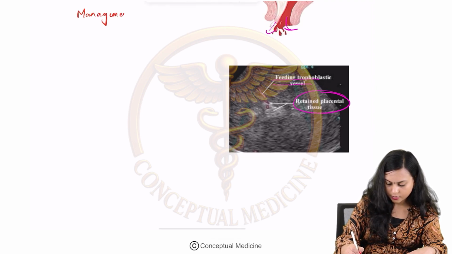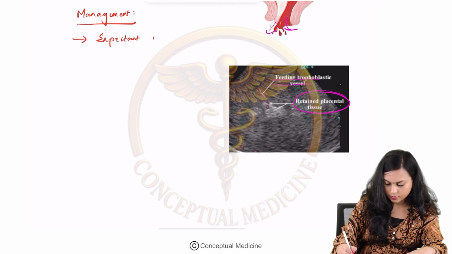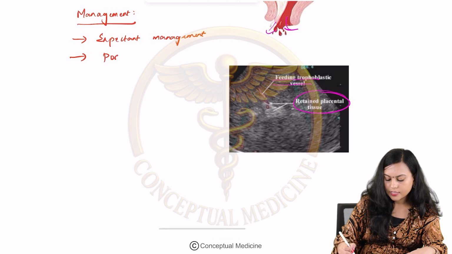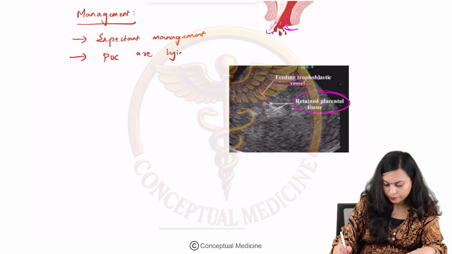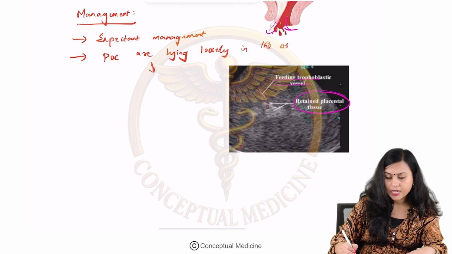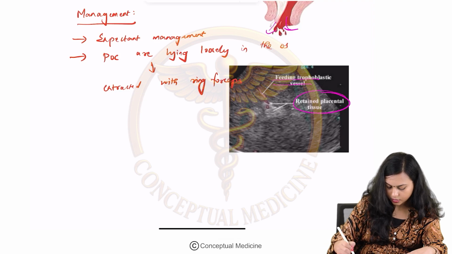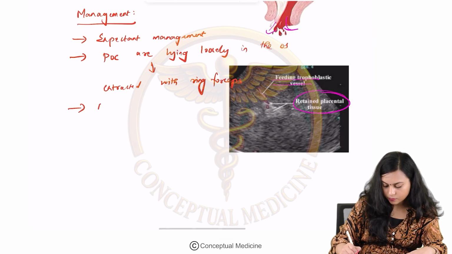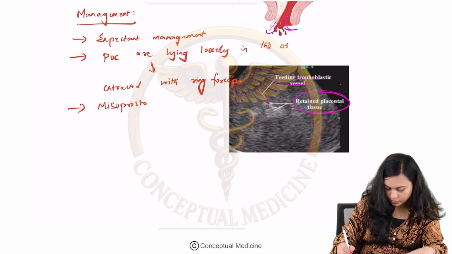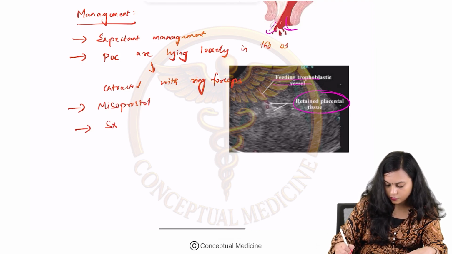See, management is basically expectant management. Suppose the products of conception are lying loosely in the os, now this can be extracted with ring forceps, and you can even give some medical management like misoprostol, or you can go for surgical evacuation.